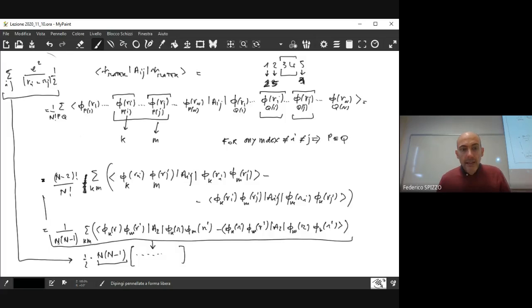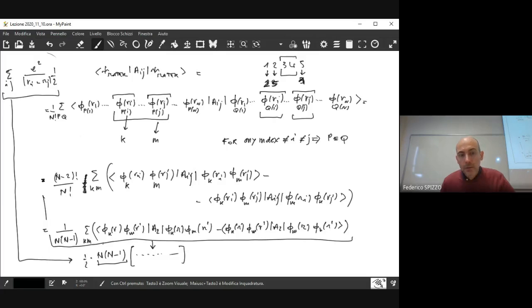So at the end, the 1 over n times (n minus 1) that we have at the denominator in this expression disappears due to the n times (n minus 1) factor that we have for the summation of the two indexes, related to the full expression that includes the contribution of the two-body operators relating to all the couples of electrons. So at the end, the expression we have is just this expression here with the two indexes, k and m, with the 1/2 in front.